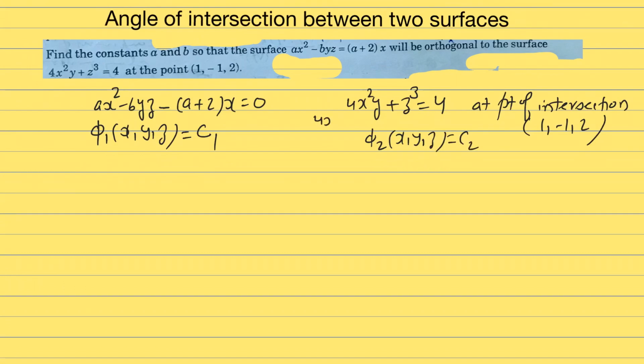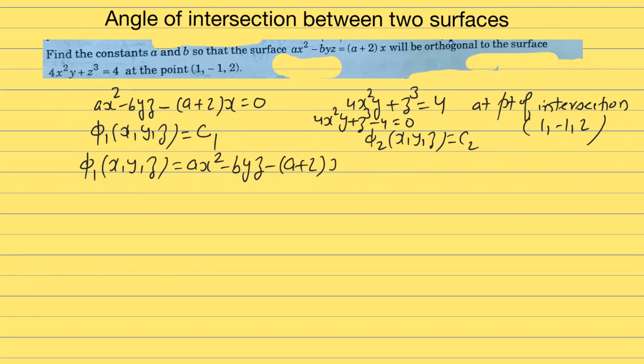This could also be written as z cube minus 4 equal to 0. So phi 1 x y z is equal to ax square minus byz minus a plus 2x, and phi 2 x y z is equal to 4x square y plus z cube minus 4.